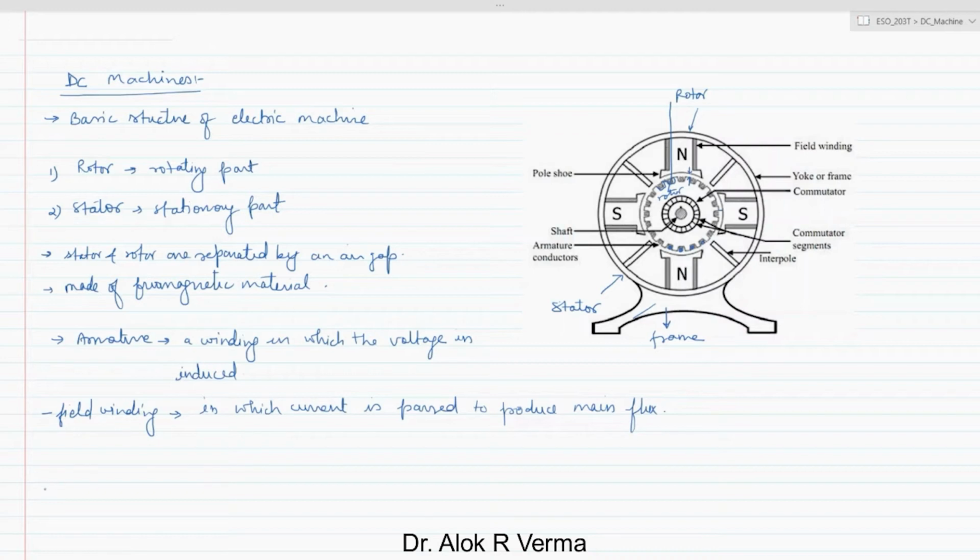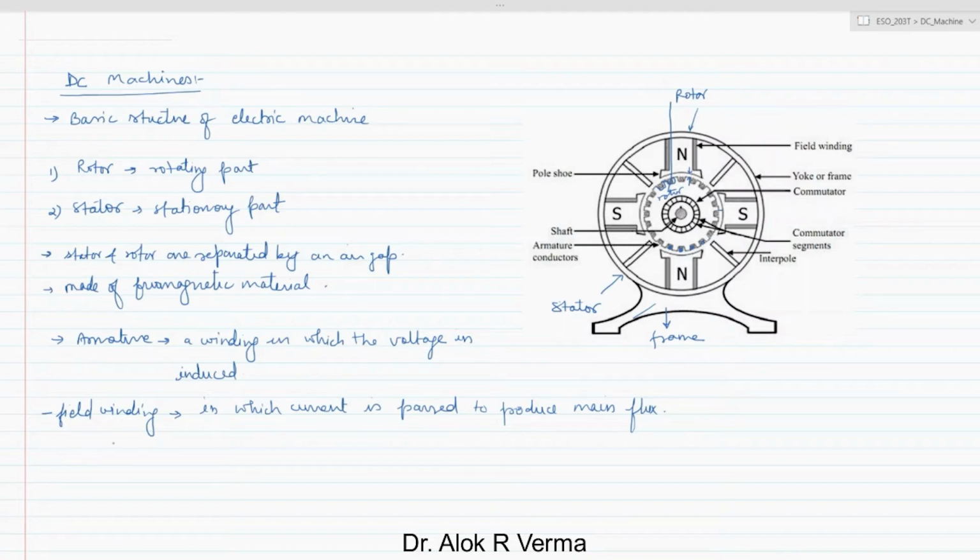And in the case of a DC machine, permanent magnets are used in some machines, and elsewhere we use electromagnets as the field-producing windings. Normally it depends on the application, on what the voltage or power rating of your machine is, but we can use permanent magnets as well as windings to produce the main flux.